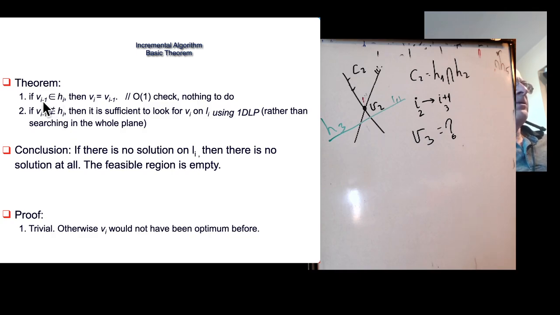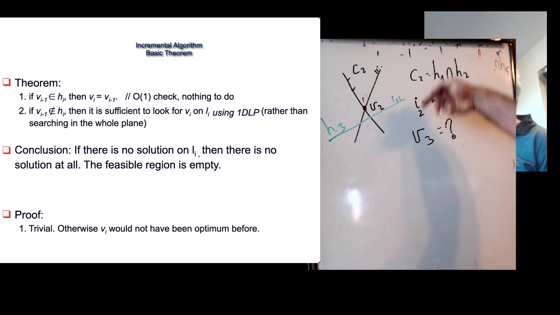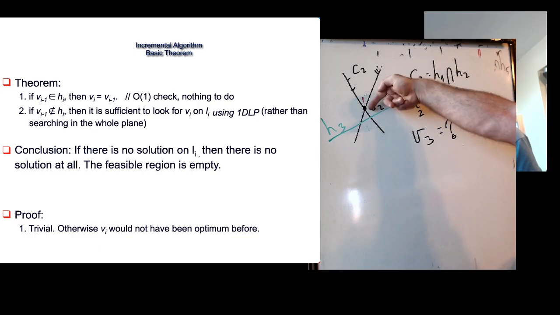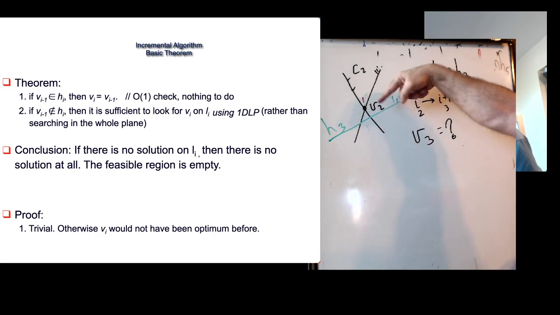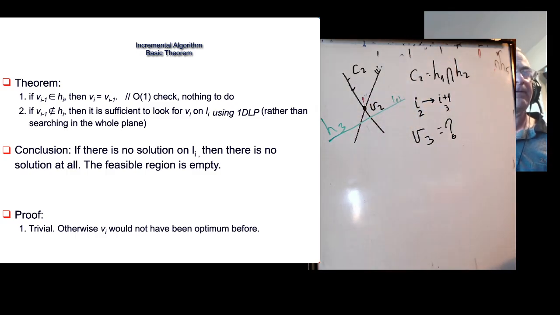So if v2 is inside H3, then essentially you don't need to do anything, just change the labels of v3. You know what is v3, just the point v2, which might have been the point v1, might have been the point v_{i-3}, I don't know. But if it's not broken, don't change it. You're adding H3. I'm checking if v2 is inside H3, and if yes, it's not broken, I'm not going to fix it.